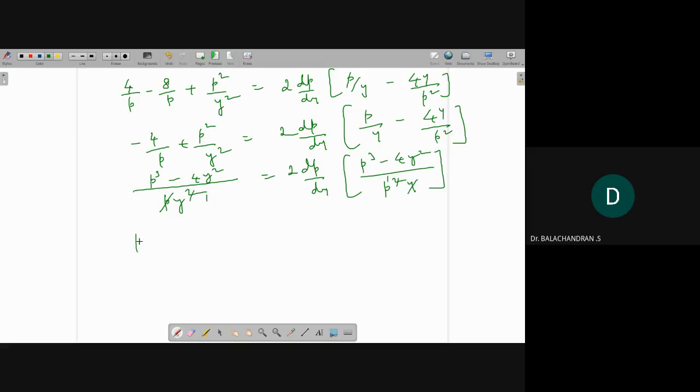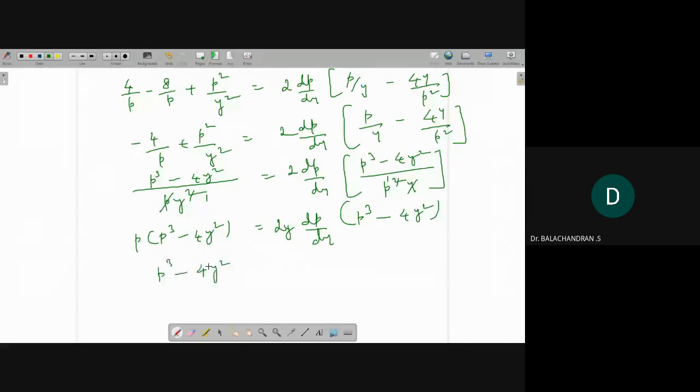So p into p cube minus 4y square equal to 2 into, you can have y, 2y into dp by dy into p cube minus 4y square is common.